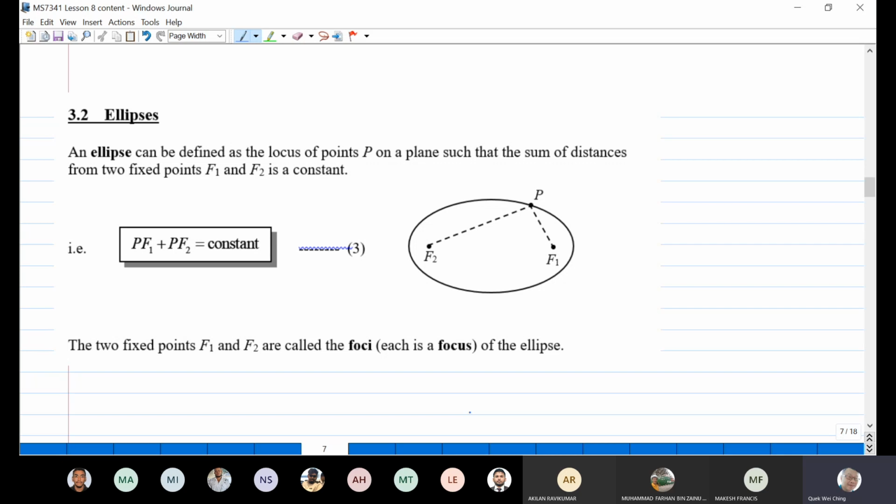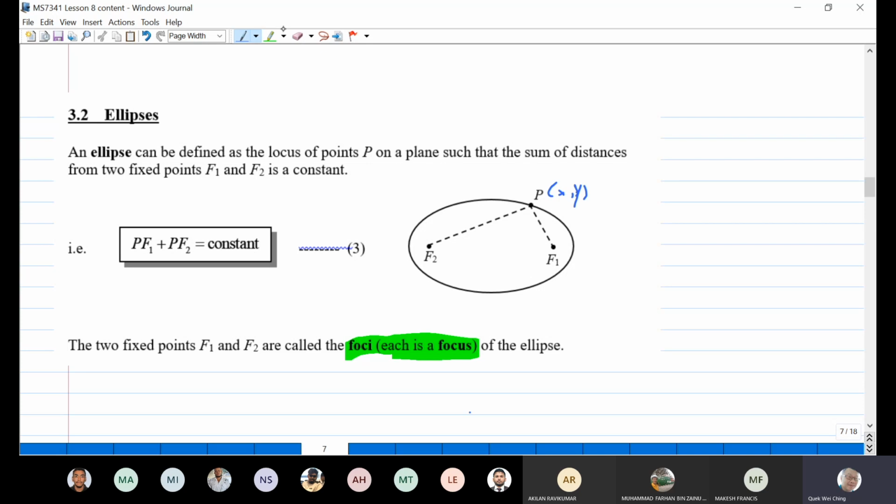There are two fixed points, we call them the foci, F1 and F2. Then you have a point P on the ellipse, an (x, y) here. What is so special is that PF1 and PF2 added together is a fixed number.